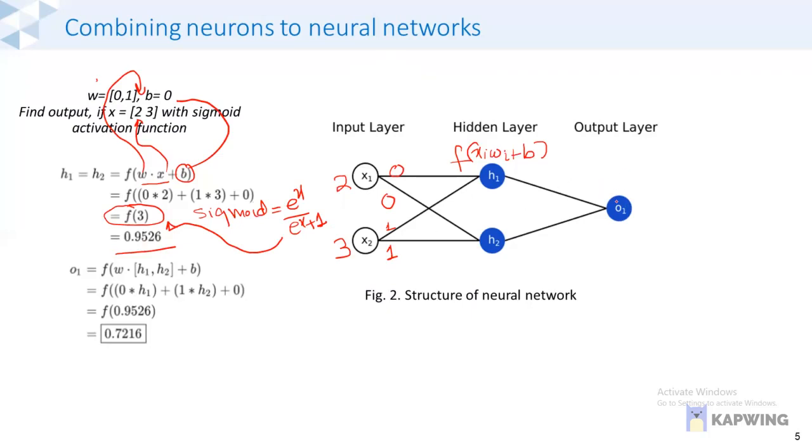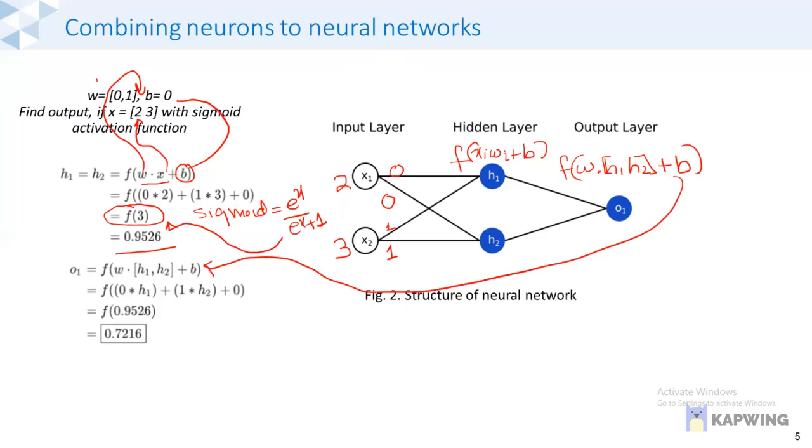Before moving further into detail, let us see the mathematical representation of O1. We will have weights with their respective inputs. In this case, we have two inputs, which are h1 and h2, and we apply an activation function and add a bias value.